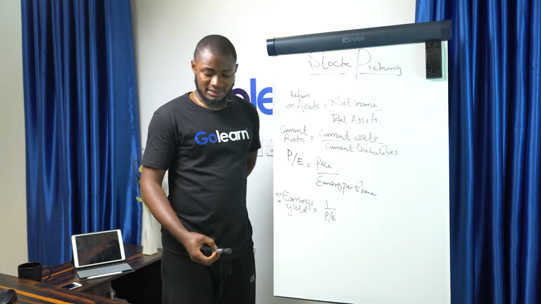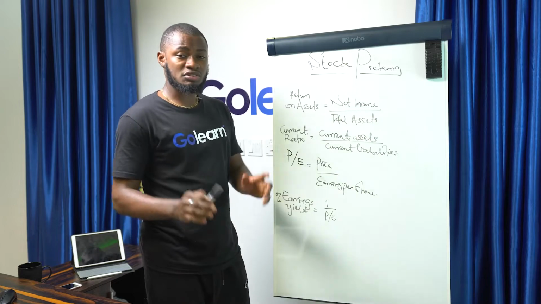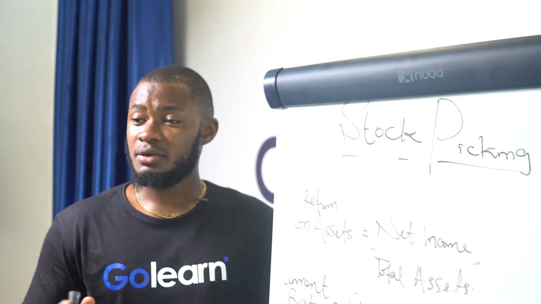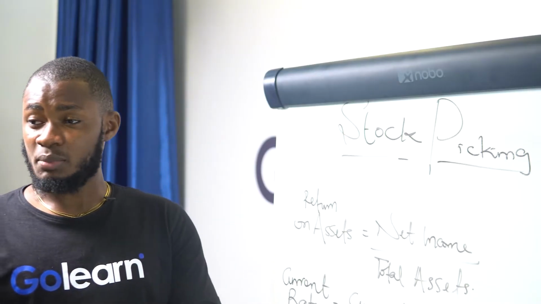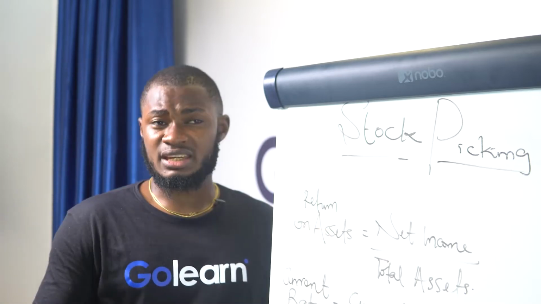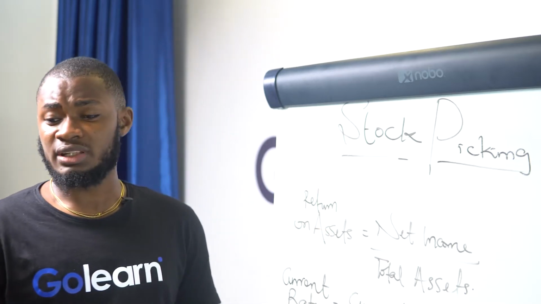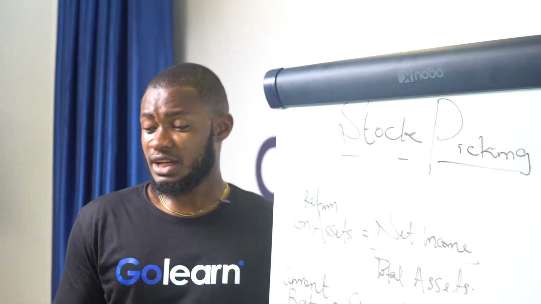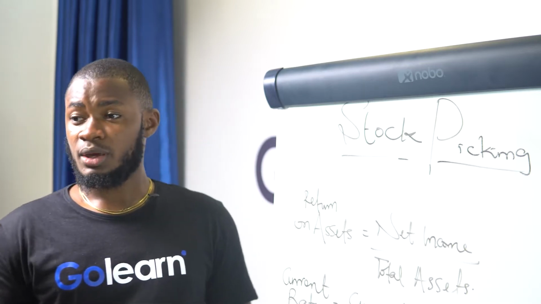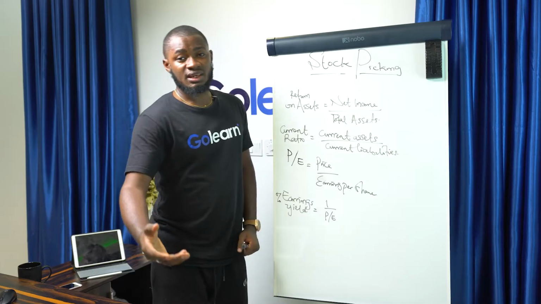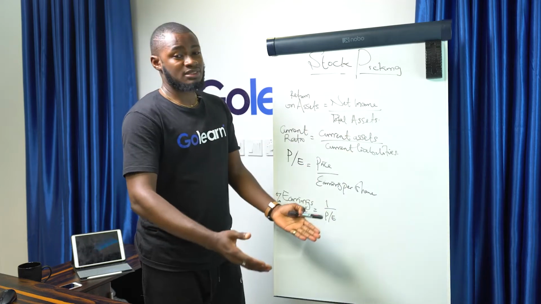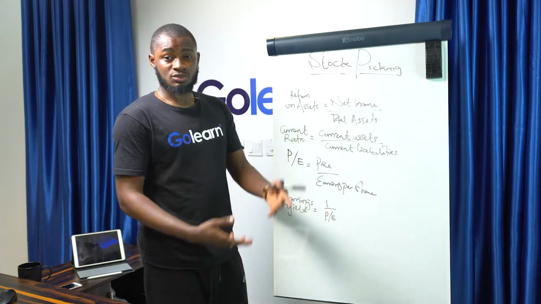Now, a return on assets is, I'm going to give a very pictorial example for this. When a company is running, like a company that sells laptops, when they start out, they get landed property, either they rent it or they buy.